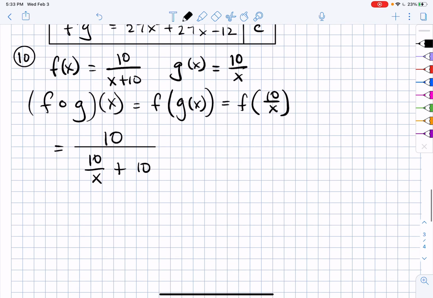Okay, and now it wants me to find the domain. For me to find the domain, I have to find some restrictions. We look at this, and there are a couple of issues here, right? The first issue is that as a whole, I cannot have this denominator be 0.